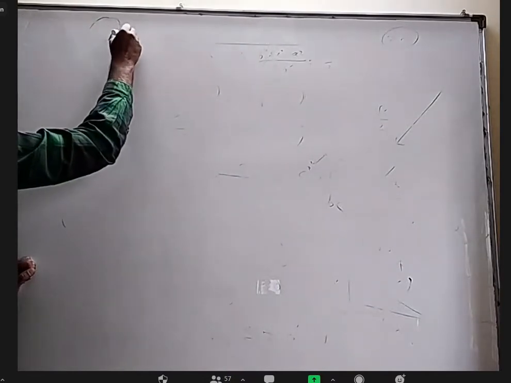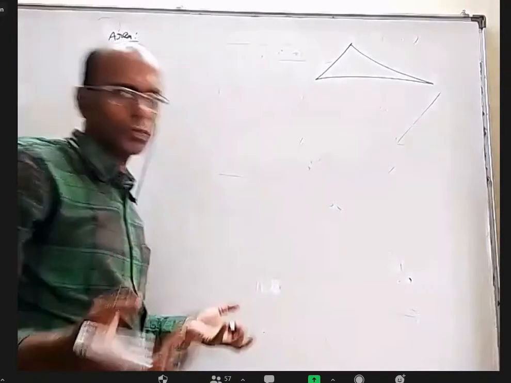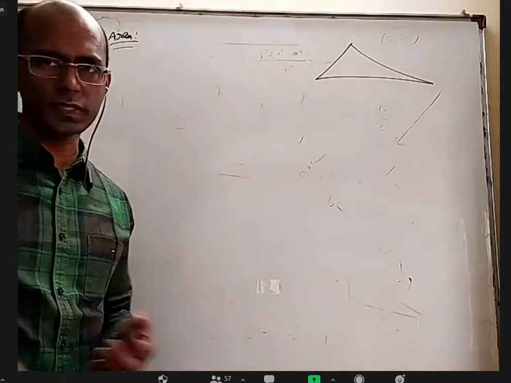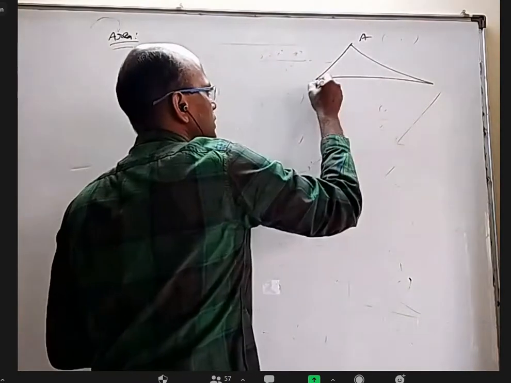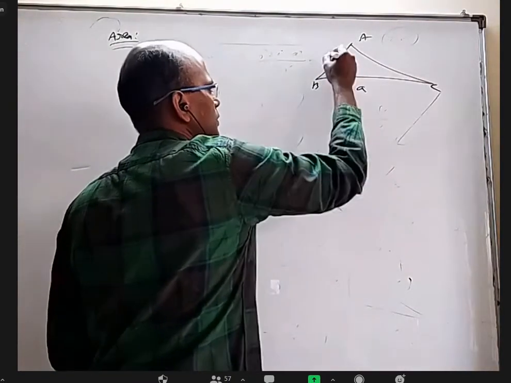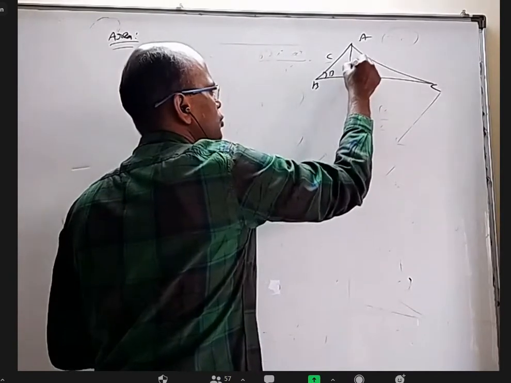So first concept is sine rule, second concept is cosine rule, third concept is area. For area of triangle, only one rule we know, half into base into height, basically at the beginning stages. So if I take this as A, this as B, this as C, this is small a, this is small c, this is small b. This is height h.